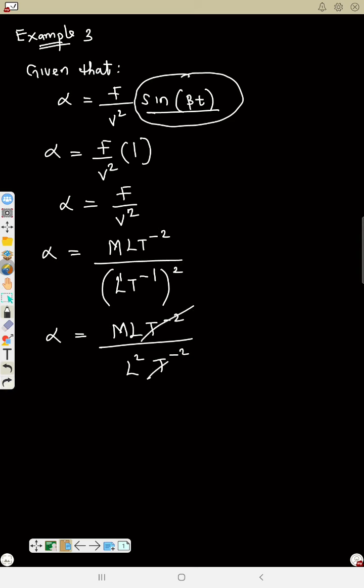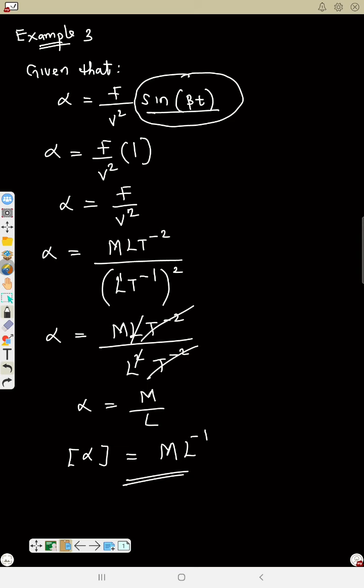You notice this and this are equal. One L here, one L will go. So I will have M over L left. That means the dimension of alpha is M L raised to power minus 1.